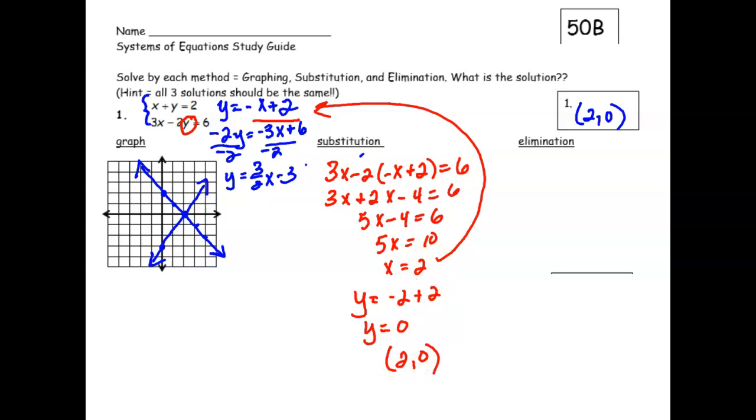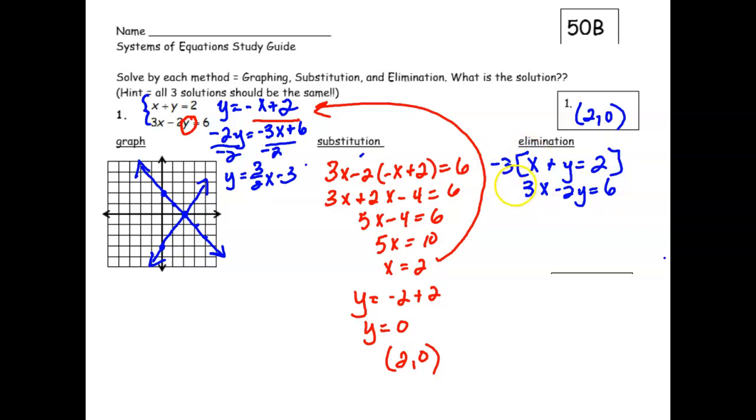So if I took both equations and I used elimination, let's go back to the original equations. x + y = 2, and then we have 3x - 2y = 6. So if you notice, I can't eliminate as is, so let's multiply the top equation by -3.